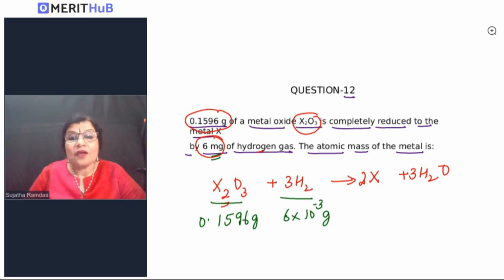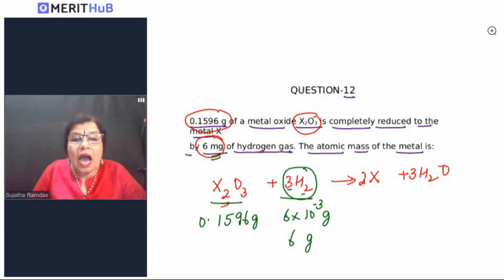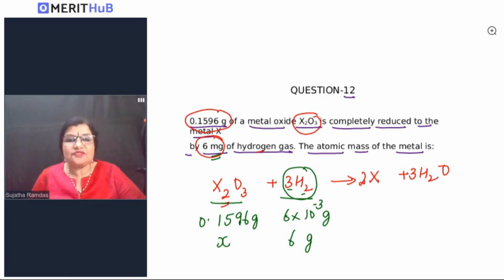Okay. Now, we know the mass of 3H2, which is 3 into 2, the atomic mass of hydrogen being 1, molar mass of hydrogen gas being 2, 3 into 2, 6 grams will give you how many grams of X2O3. So let's find out the mass of X2O3, which reacts with 6 grams of hydrogen.